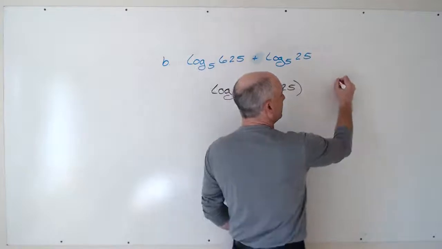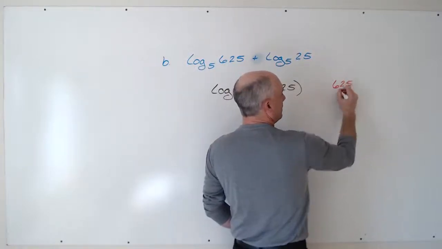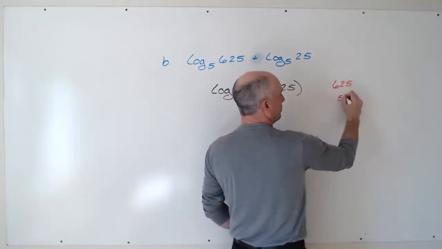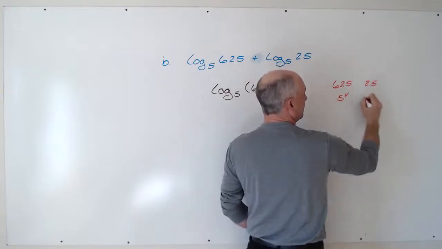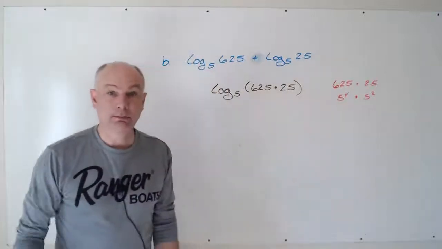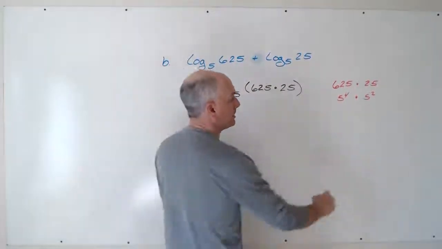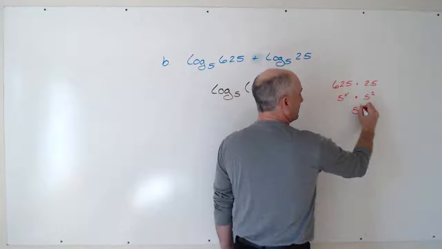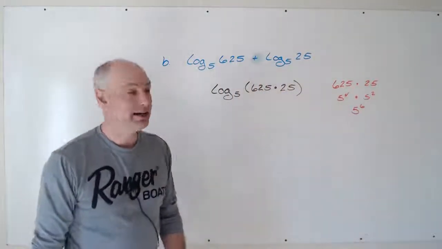So I might come over here and I might say, okay, 625 I know is going to be 5 to the fourth. 25 is 5 squared. So I'm just multiplying those together. Well, notice that that becomes 5 to the sixth power. All right?